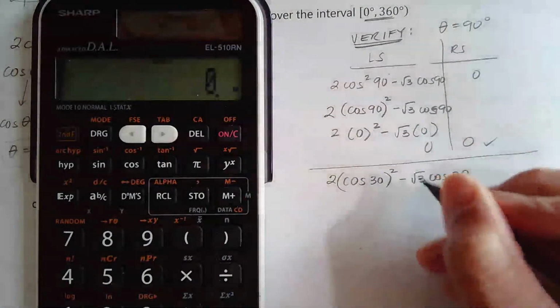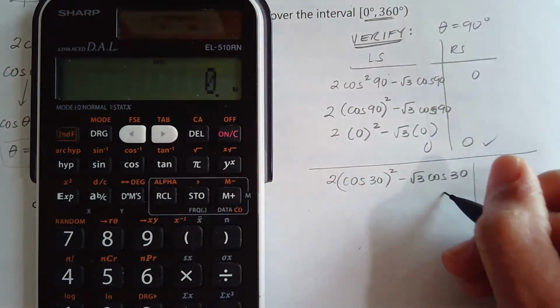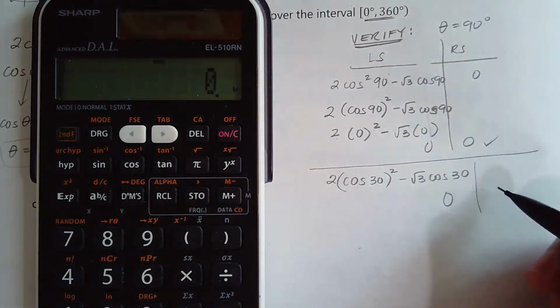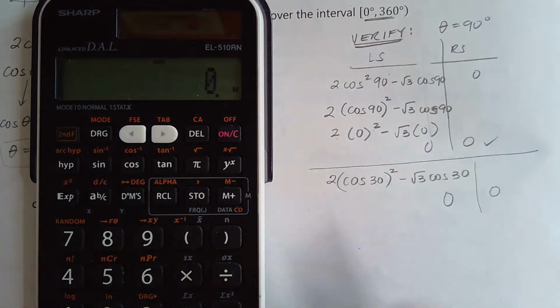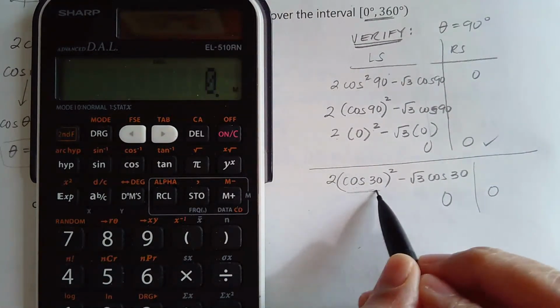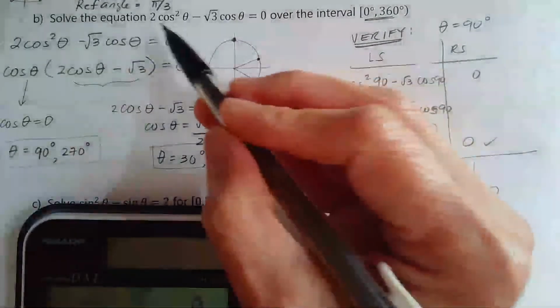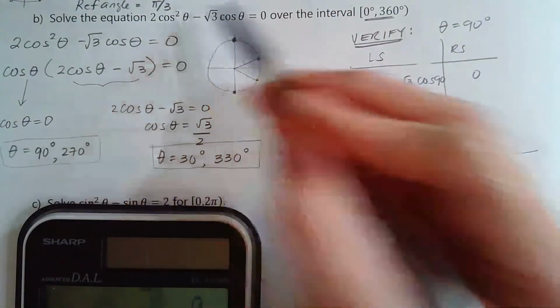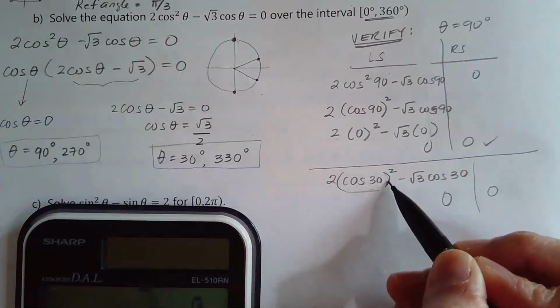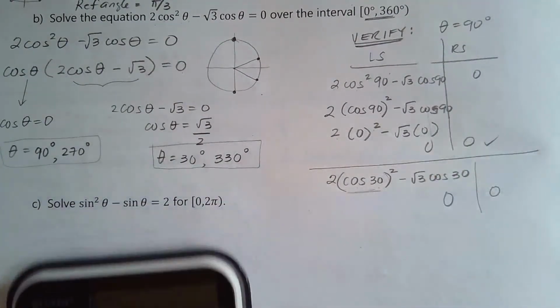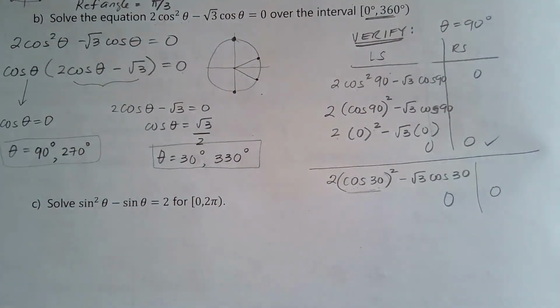I'm going to get a 0 on this side, and then the right side is 0. Okay, so I don't know if your calculator could do the cos squared of 30, but mine can't. So I had to do cos 30 and then all squared. Okay, so that's a possibility.